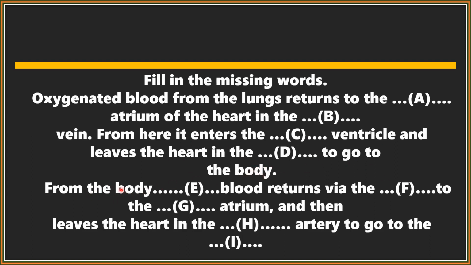From the body, dash blood returns via the dash to the dash atrium and then leaves the heart in the dash artery to go to the dash. Pause the video and fill in the missing words.